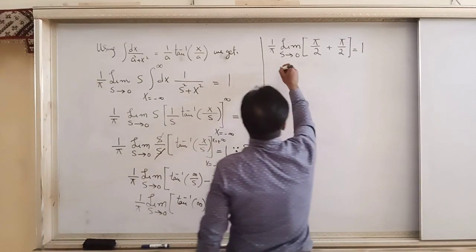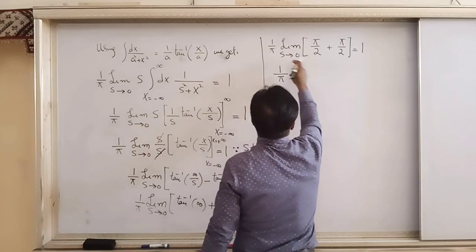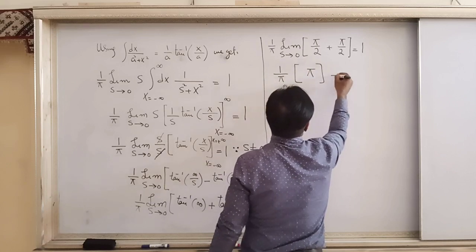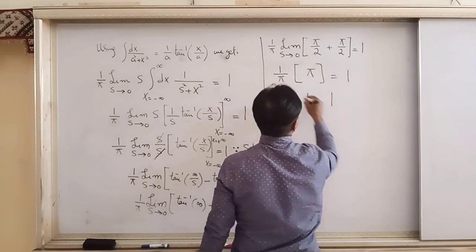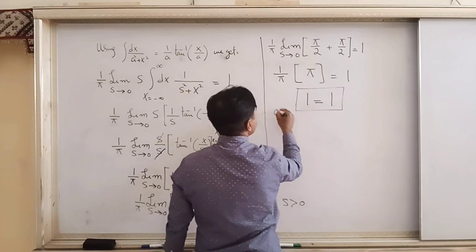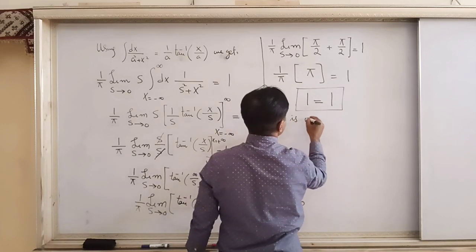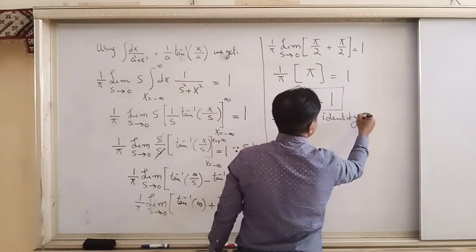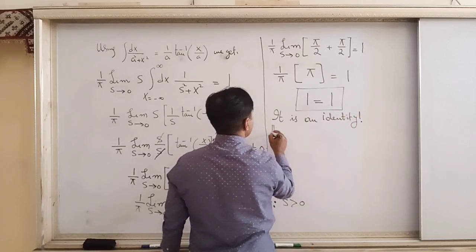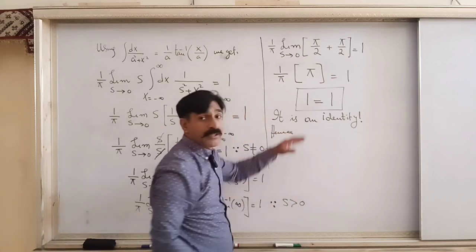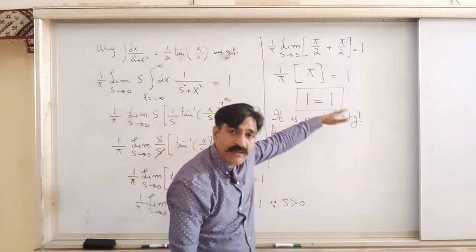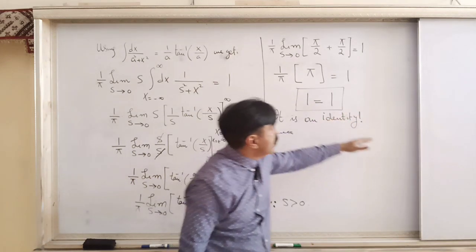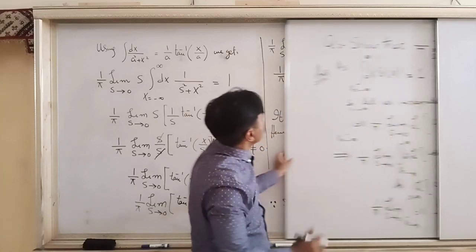Okay, so 1 over pi, and there is no s, so there is no limit now. And look, the answer is an identity. It is an identity. Hence, it means whatever is on the left, that is equal to that on the right, as given in your original problem.